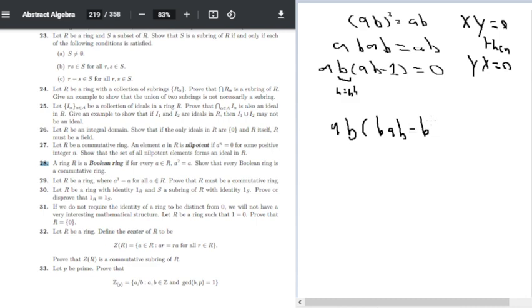Bab minus b is equal to 0. We take this, and then we have bab minus b times ab is equal to 0.